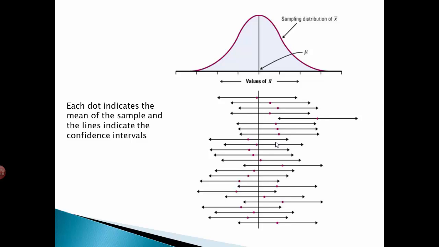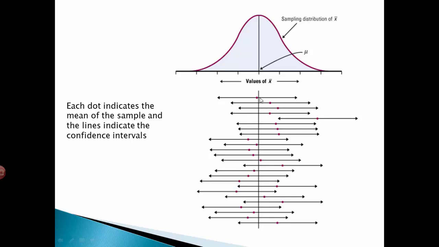So here's another way of thinking about or illustrating this. If this is our normal curve, this is that unknown mean. What we've done is we've extended that down here as well. Now each one of these lines from arrow to arrow is the range, or our confidence interval, for that particular mean, which is this dot here. So if this is another simple random sample, this dot right here is the mean, and this is the confidence interval.